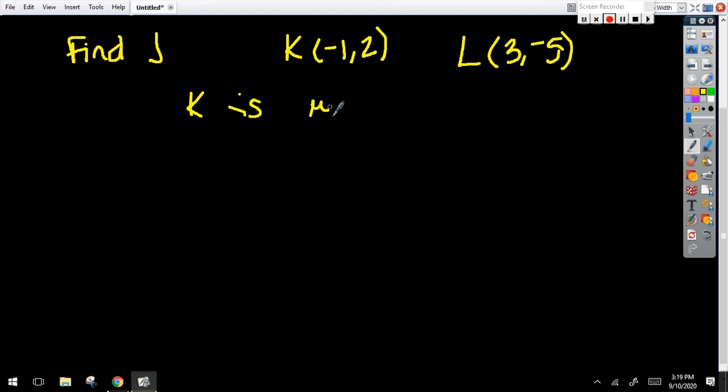I want to know what is J. Well, let's think about this for just a second. I've got K is the midpoint, right? So I'm just going to label this, because that helps me to see it in my head. And this is an endpoint. So essentially, I have one endpoint, I have a midpoint, but I'm missing the other endpoint.